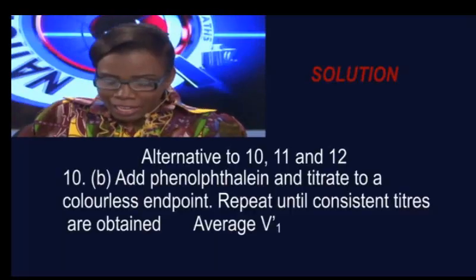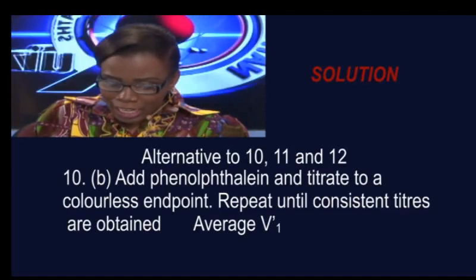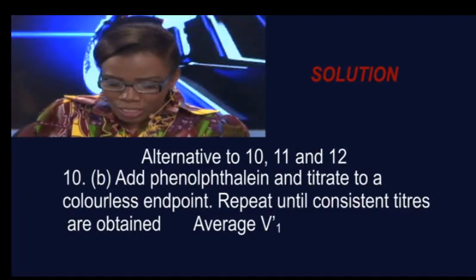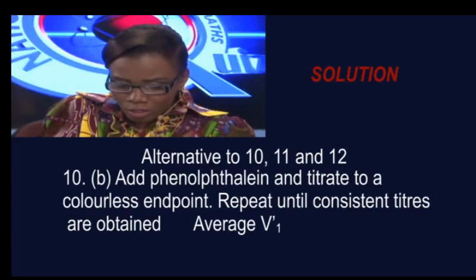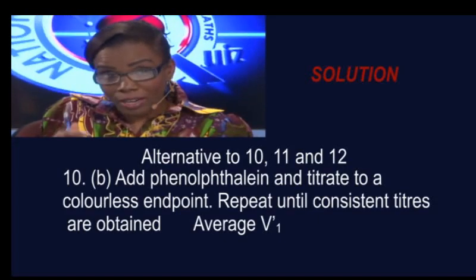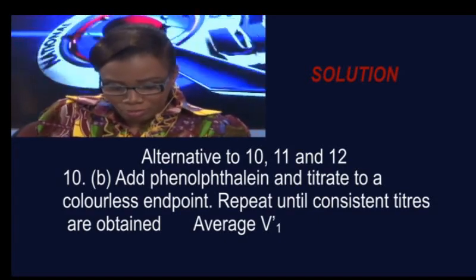Now, if you didn't want to do it in a single step like that, then when it came to the point of the titration, you can add phenolphthalein and titrate to a colorless endpoint, repeat until consistent titers are obtained. You can call that the average V1 prime.